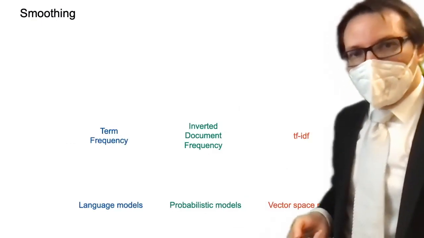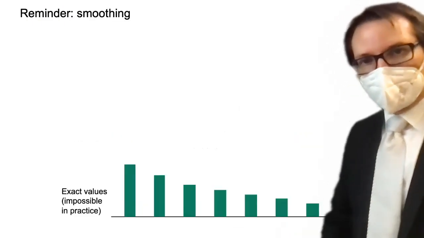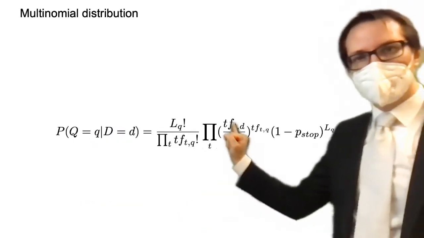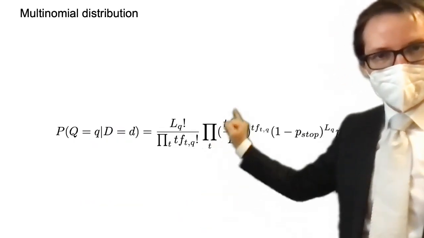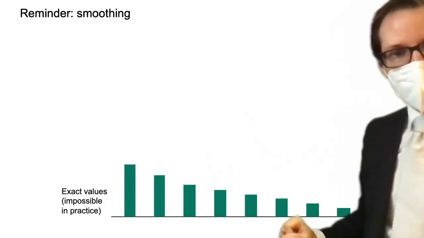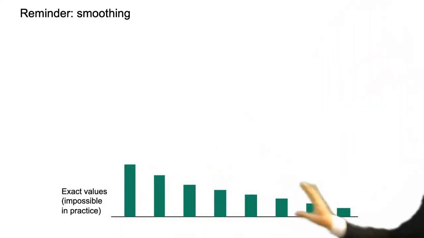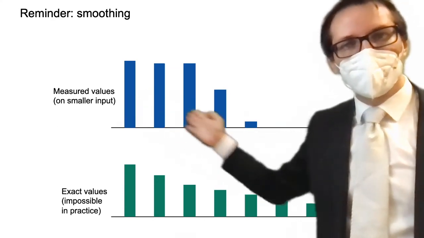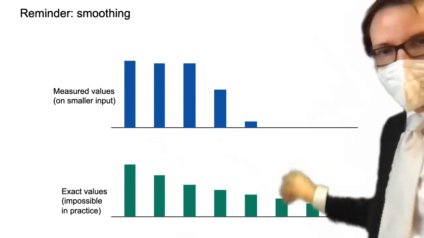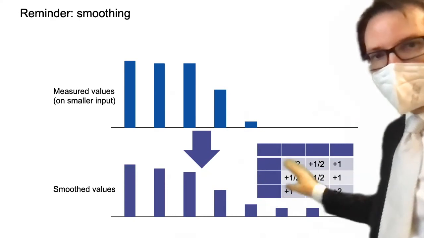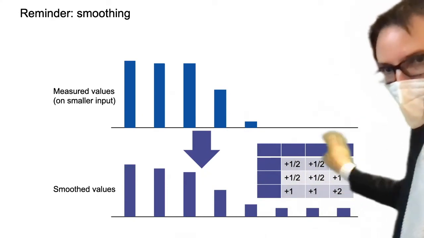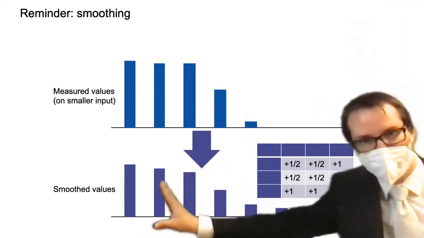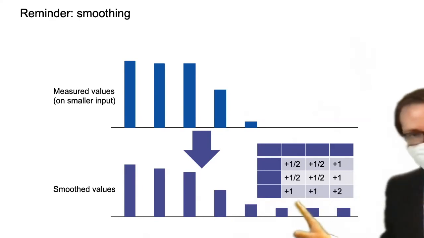Okay, so the way we compute them in practice is that we don't just divide the term frequency and renormalize, we smooth, as you know, because in practice, this would be maybe the distribution. But when you actually do measure, you might miss a few terms. So you smooth a bit by adding a bit of noise all over the place in order to get something that is more spread over the set of terms.